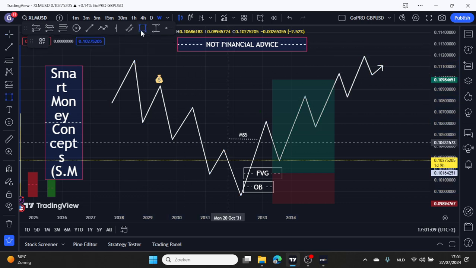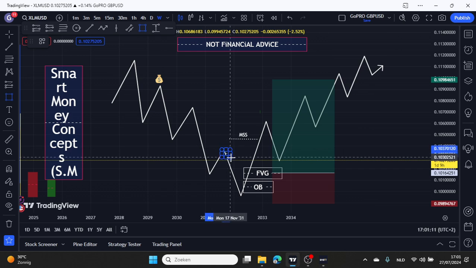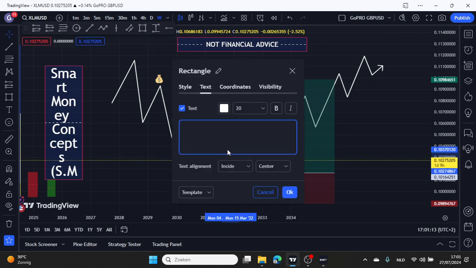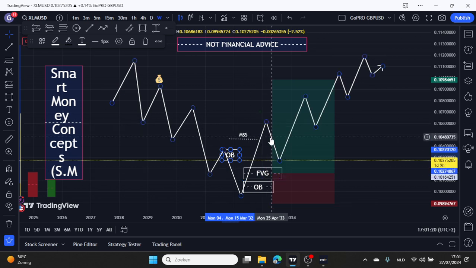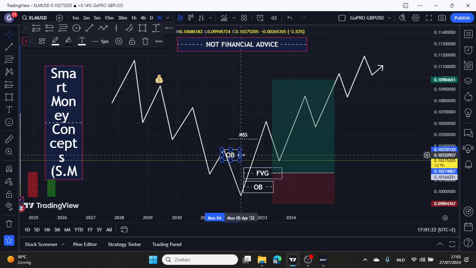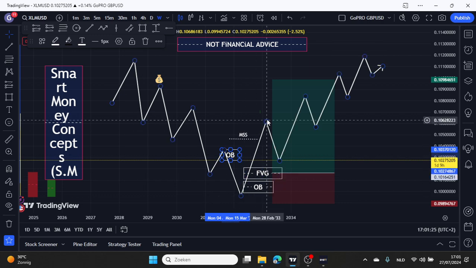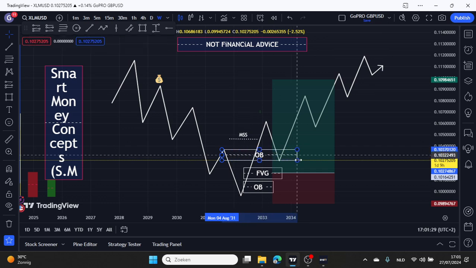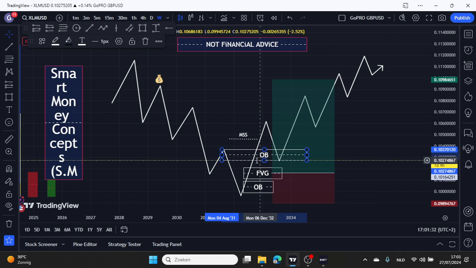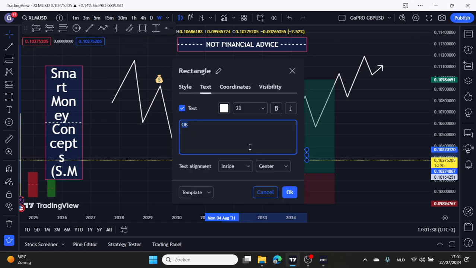So if we have an order block there, again OB, to keep it simple, then we will see that this order block, because it doesn't get respected, we can take the order block here, and this order block then changes into a breaker block.